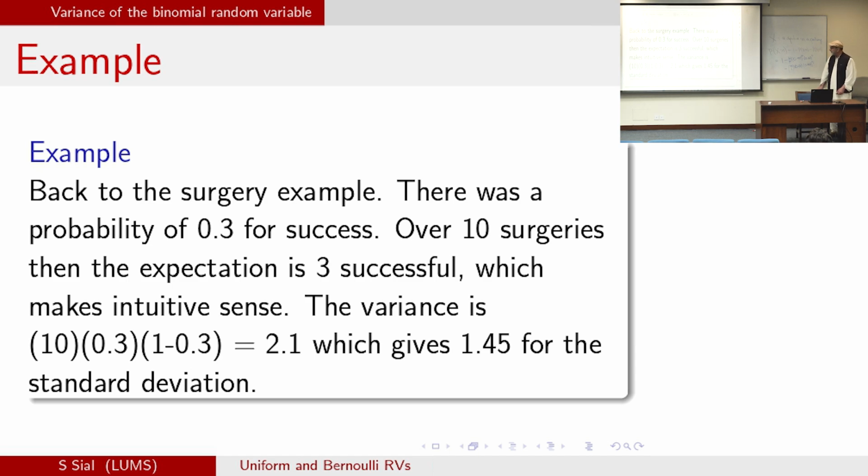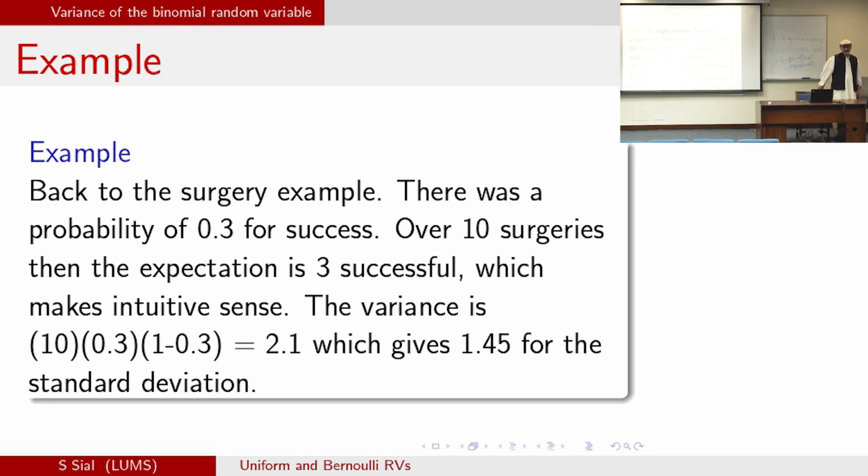If we go back to the surgery example, we said there was a 30% chance of success, 10 surgeries. You expect 30% of those to be successful, so 3 successful. The variance, n times p times q, is 2.1, which gives 1.45 for the standard deviation.